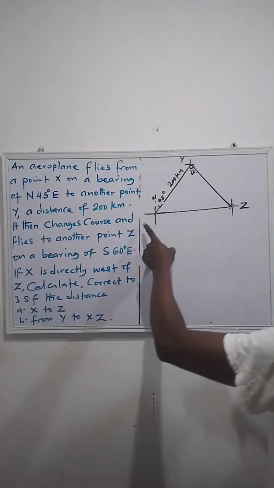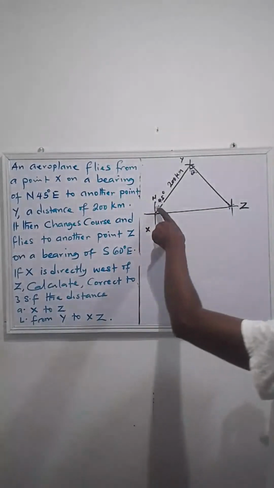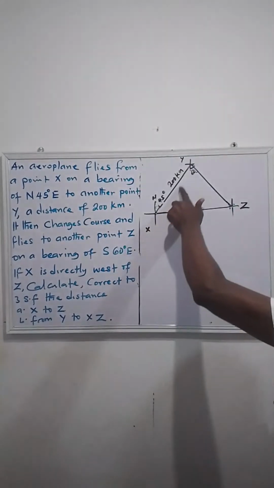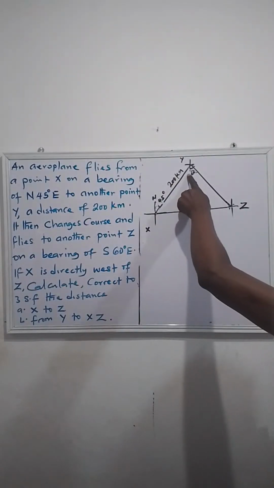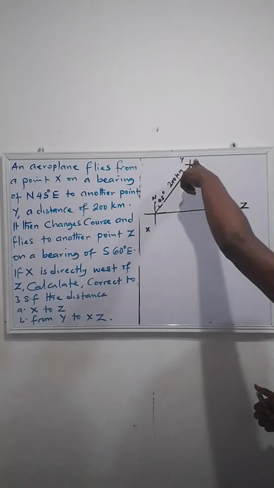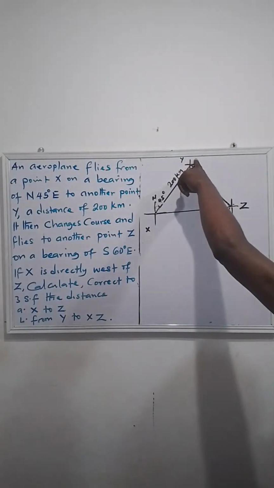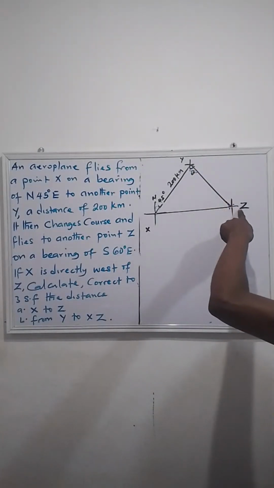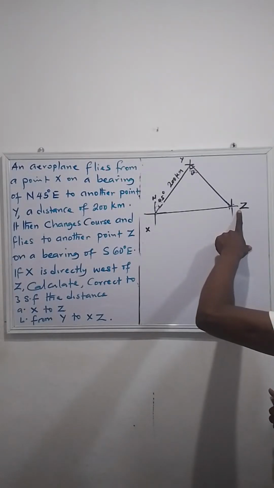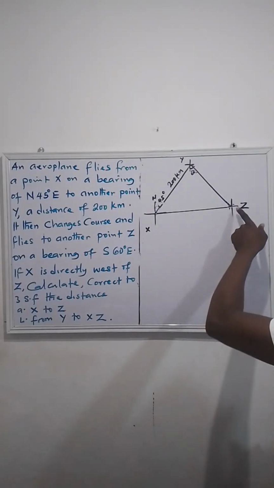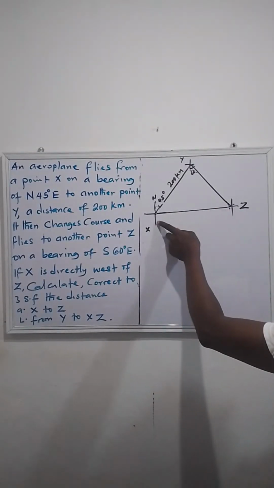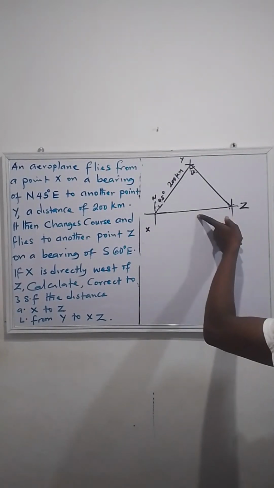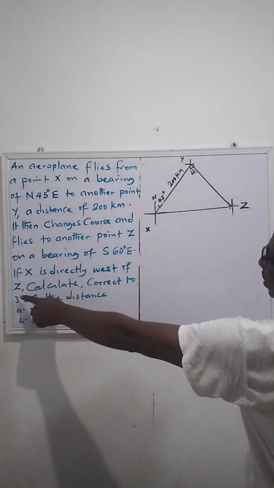It started from here, point X. It moves on the bearing of north 45 degrees east, then moves for 200 kilometers. You now get to a point Y. It changes course and moves in the direction of south 60 degrees east, and it moves down until it gets to a point where X is directly at west of Z. Get that now?